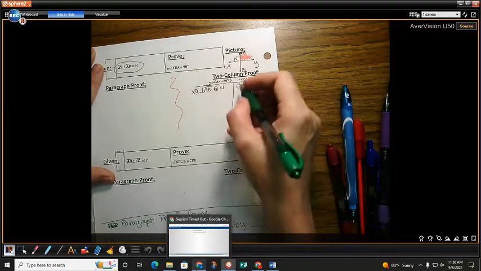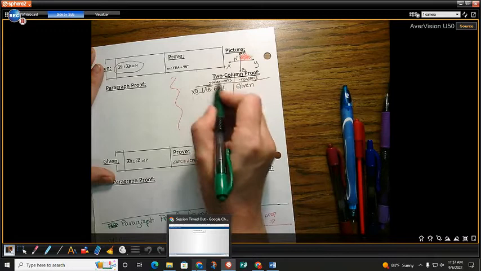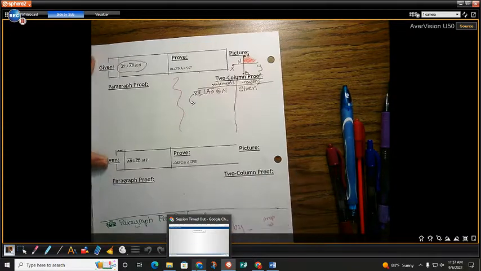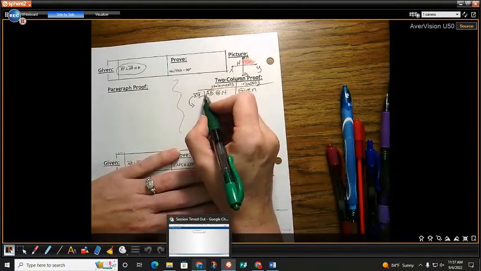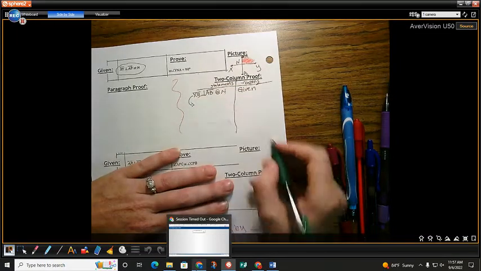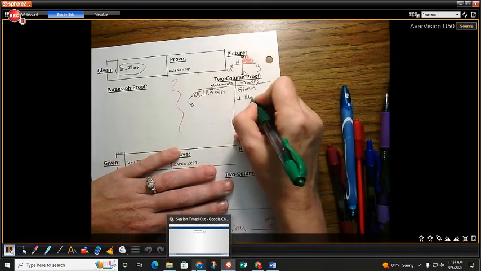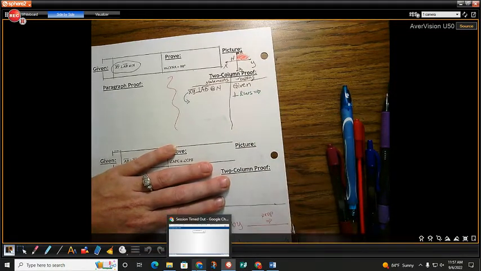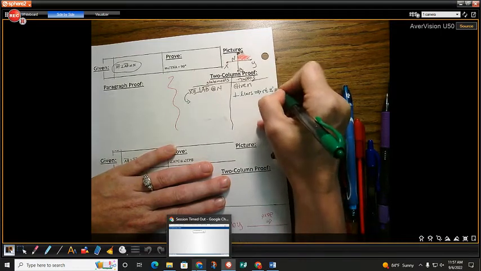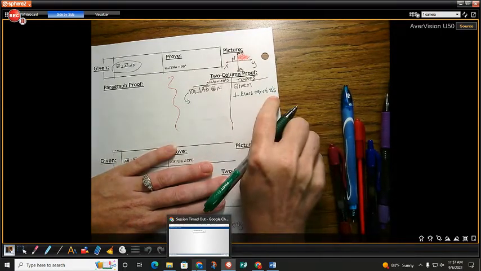And so then I've got to think, what thing over here can lead me someplace new? Well, what do I have here? I have perpendicular lines. So where could that lead me to? Right angles. It could lead me to right angles. So that's the reason I'm going to use.